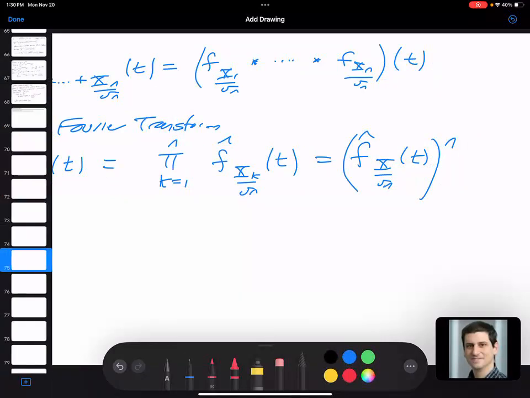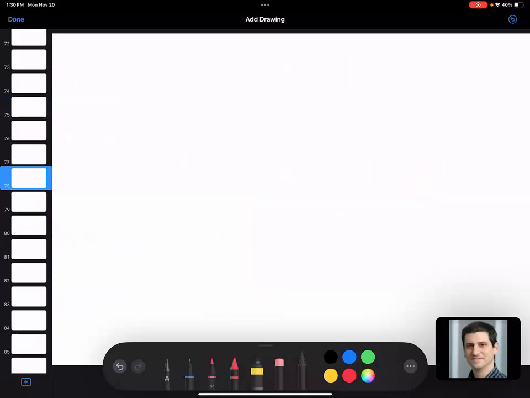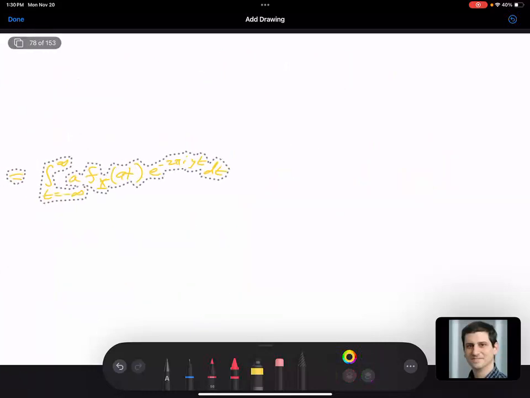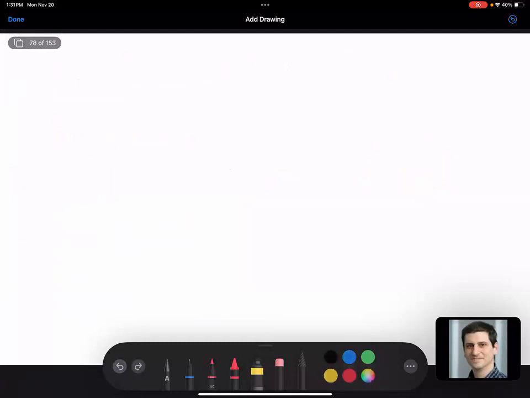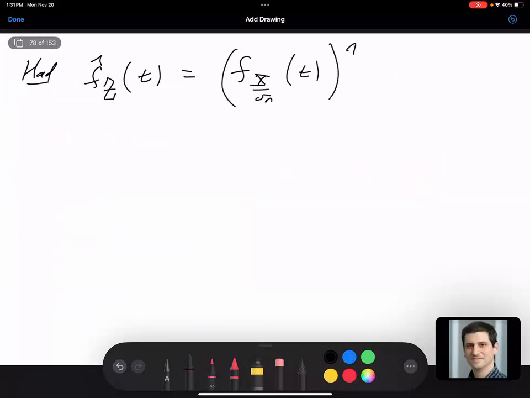And so now let's take what we had before. So it didn't work. All right, hopefully my memory works then. We had the Fourier transform of Z at t was the Fourier transform of X over square root of n, at t, to the nth power.